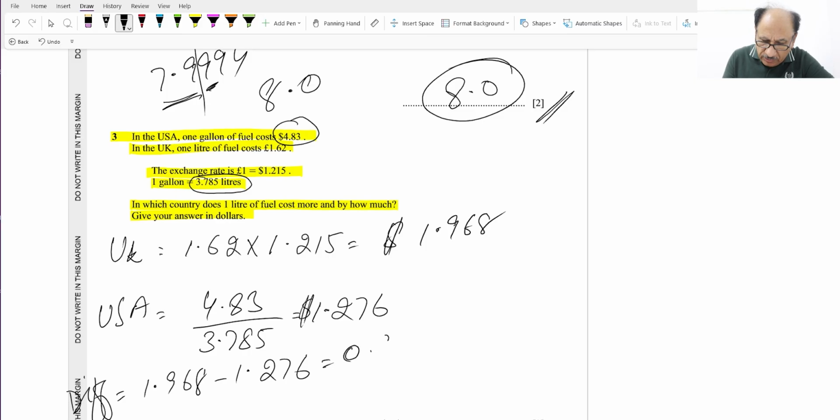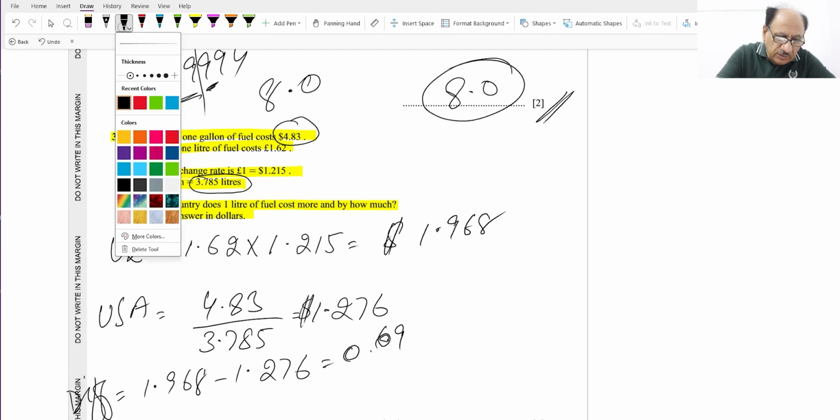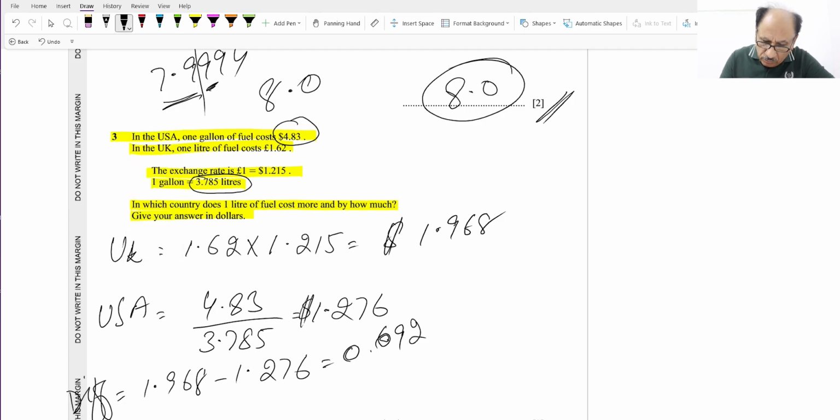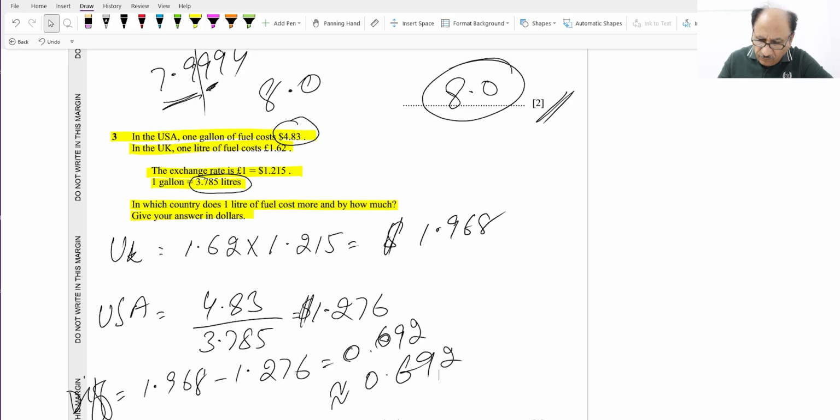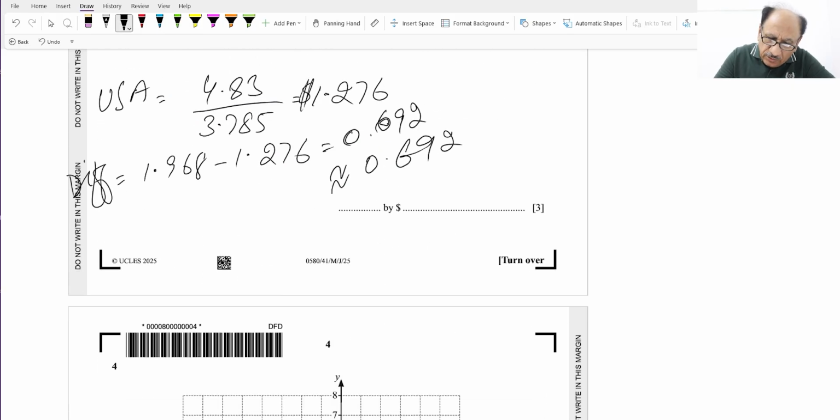So we can rewrite it as approximately 0.69, or we can write 0.692 also. This will be our answer. And further we can provide over here that the answer is 0.692, and this is in the UK. So the answer is for 3 marks.